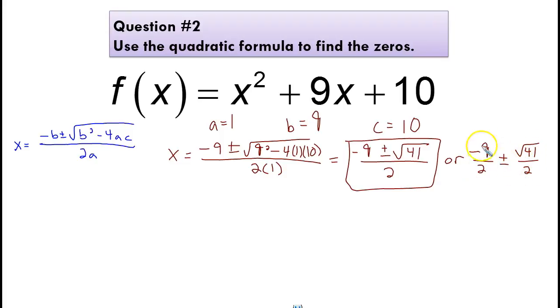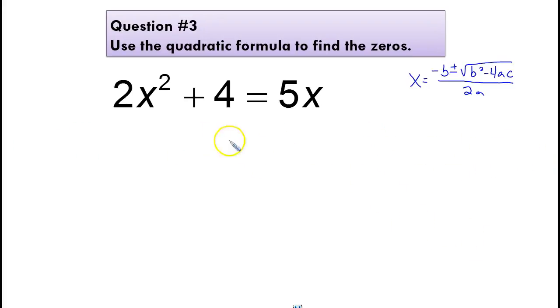And neither of those fractions can be reduced. The other way that you might see this is as 2 separate answers, where you've got the plus version and then the minus version, because really this is negative 9 plus root 41 over 2 as one solution, and negative 9 minus root 41 over 2 as the second solution.